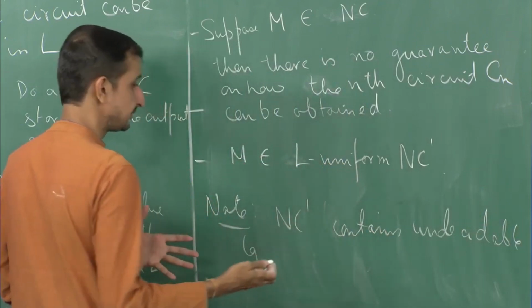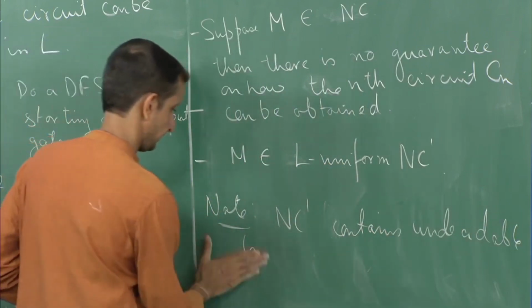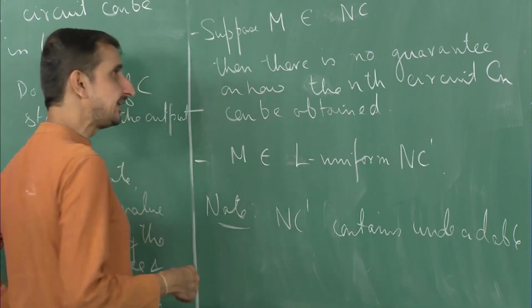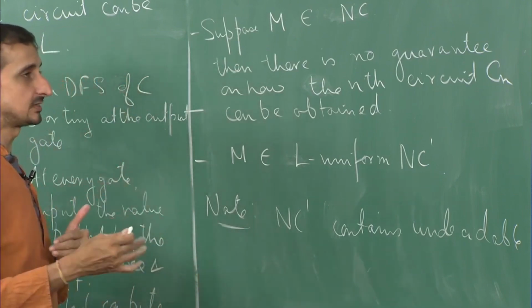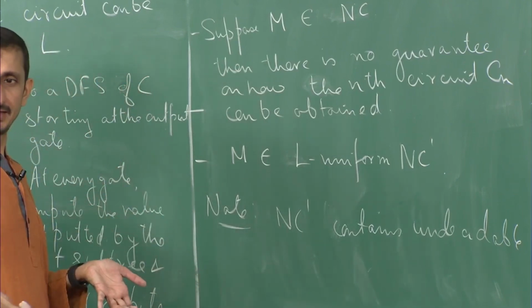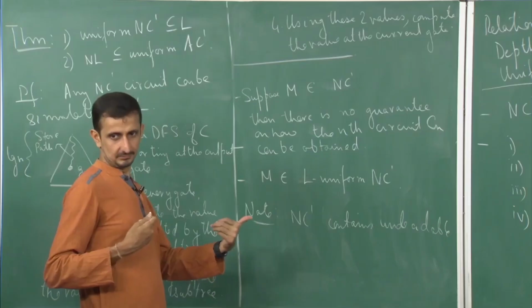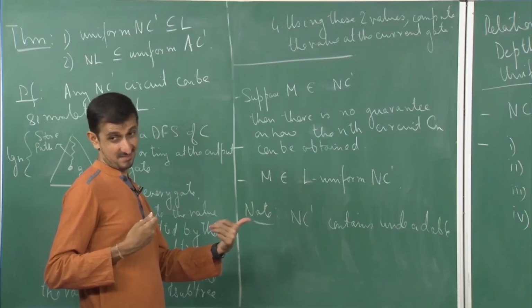In fact, not just NC1, but any non-uniform class, where you have to look at the entire input. So, for example, NC0 will not work, in NC0 you can't even look at the entire input. Yeah, but still it can have undecidable languages.